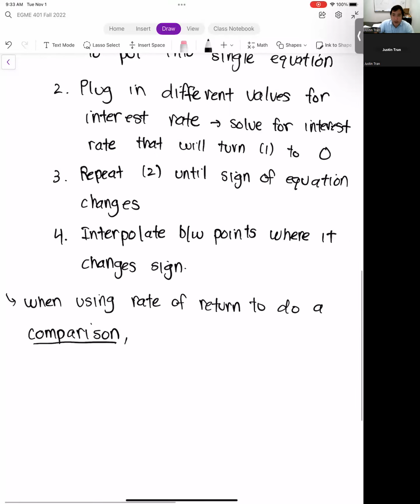Okay. And of course, what I mean by comparison is that you're comparing two economic alternatives, and you want to determine which one you should go for. So very similar to what we did in the first half of the class with present worth analysis and annual cash flow analysis. When you want to use rate of return to do a comparison, you have to do what's called incremental rate of return.